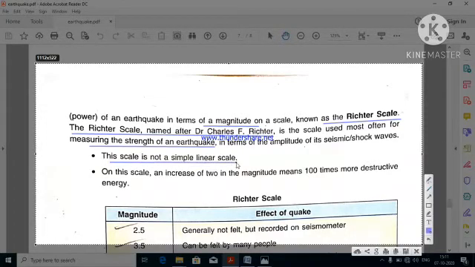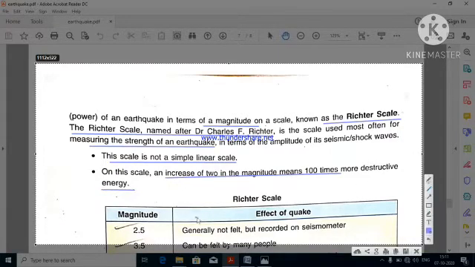It is not the simple scale we use in geometry. The Richter scale is another type of scale. On this scale an increase of 2 in the magnitude means 100 times. An increase of 3 means 1000 times more destructive energy.